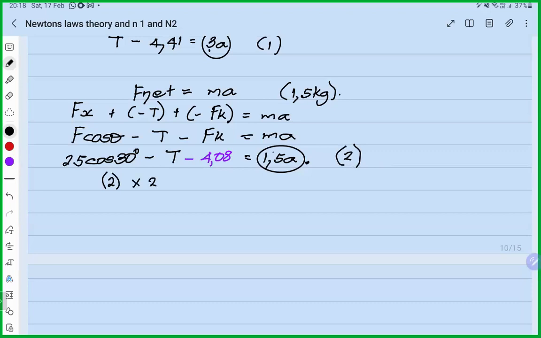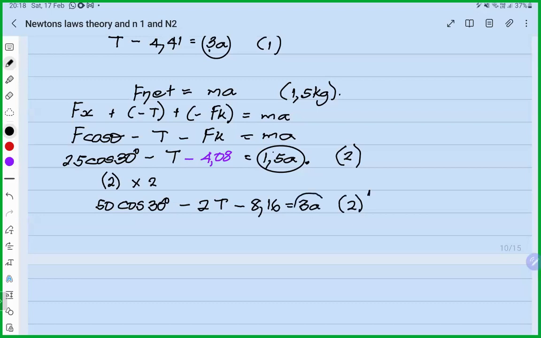So I'm going to take this whole equation and multiply it by 2. So 25 cos 30 multiplied by 2 is 50 cos 30. Minus t multiplied by 2 is minus 2t. 4.08 multiplied by 2 is minus 8.16. And 1.5 multiplied by 2 is 3a. So this is my new equation 2.